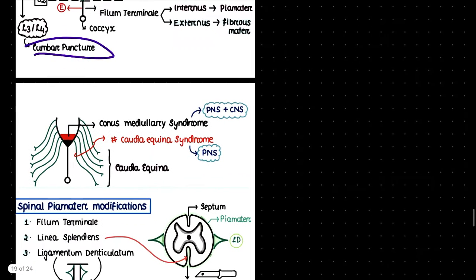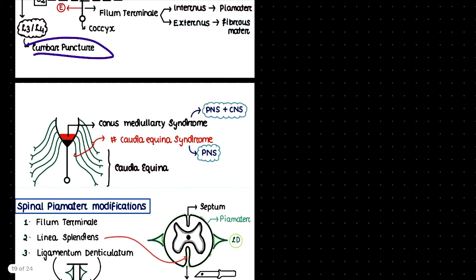Not only PNS, but also CNS manifestations will occur. Why? Because here there is inflammation in the conus medullaris, and the conus medullaris is a part of our spinal cord, and the spinal cord is a part of our central nervous system. That's why conus medullaris syndrome will cause manifestations of both PNS and CNS. So this was about the cauda equina, cauda equina syndrome, and conus medullaris syndrome.